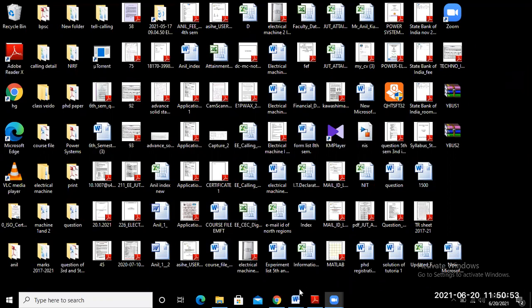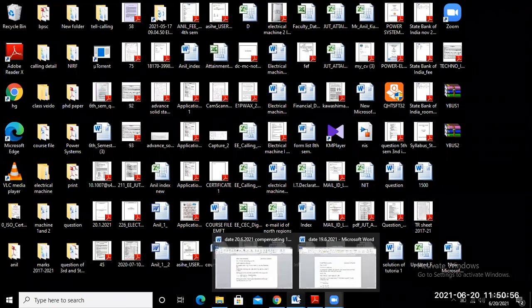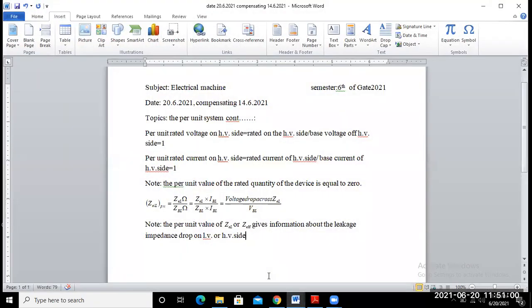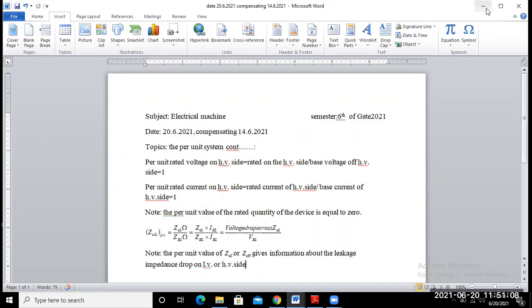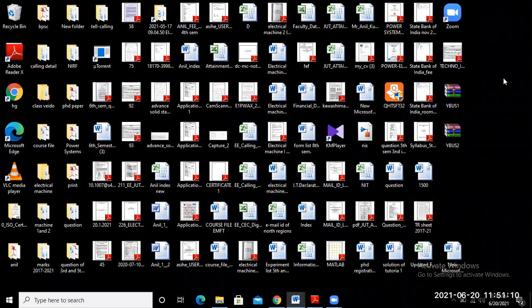In the previous class, in the per unit system of the transformer, we already derived the base impedance value of the LV side and HV side. Z base is equal to the rated voltage of the HV side squared, that means kV base squared divided by MVA.